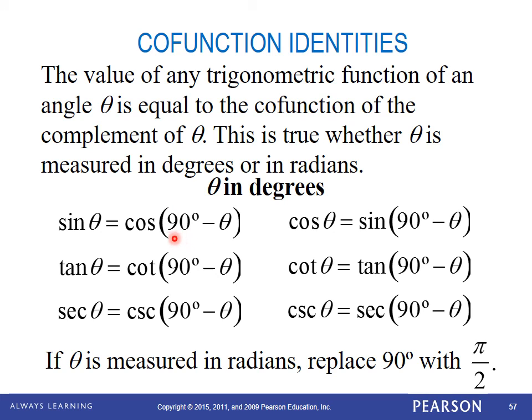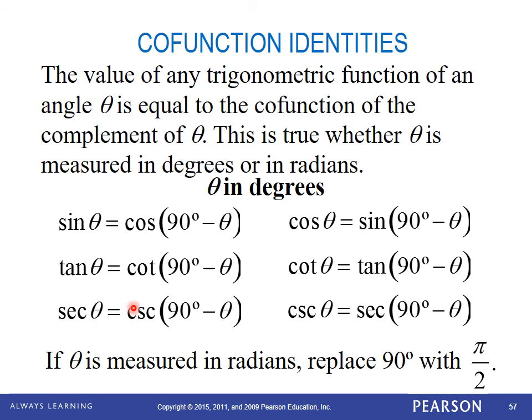So we have these rules: sine of a certain angle equals the cosine of the complementary angle. Same thing here, cosine of an angle will equal the sine of the complementary angle. Tangent and cotangent, again, are cofunctions of each other. Secant and cosecant, again, cofunctions of each other.